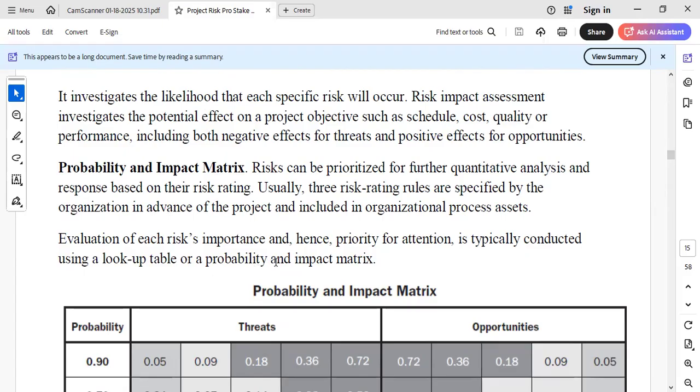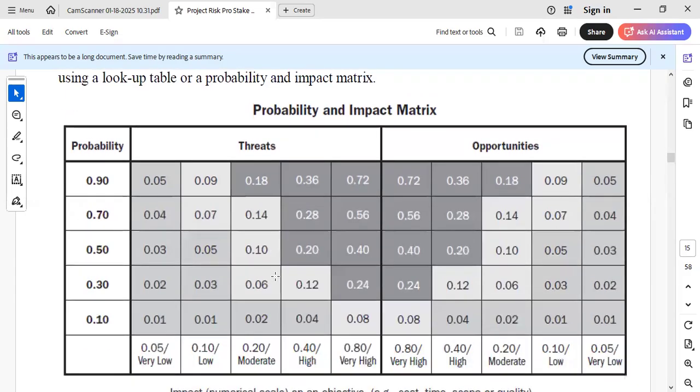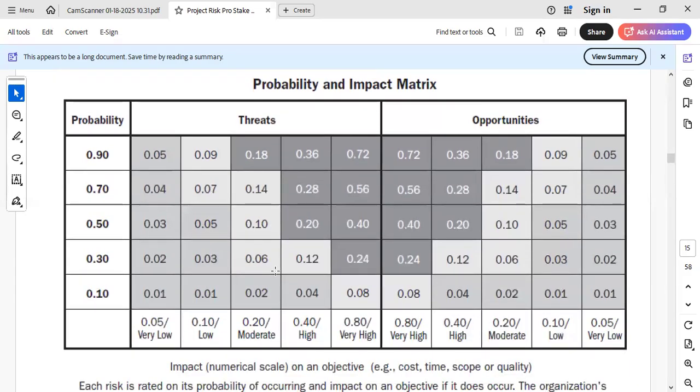We'll look at their threats and also their opportunities and the probability. Now let's see, looking at this chart, I think this chart can do us better. Probability and impact matrix.